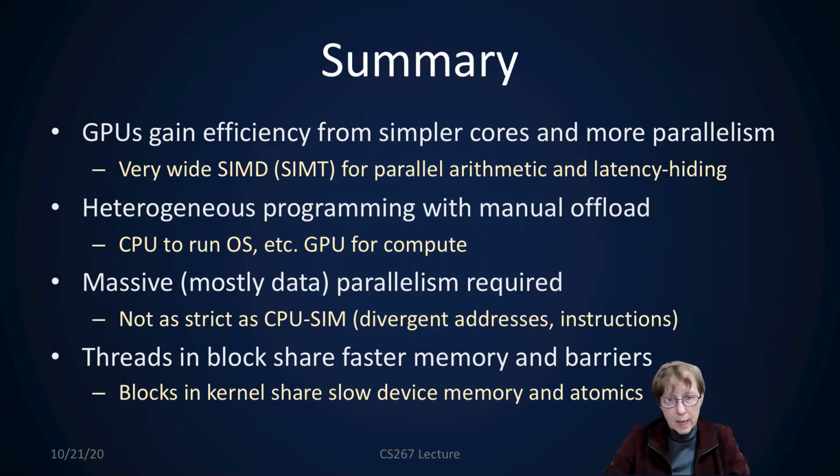Not quite as strict as the CPU SIMD, as I mentioned earlier, but still in that same spirit. And the threads in a block share this fast memory, which is the shared memory. They also have fast barrier operations, whereas blocks are going to share things through the device memory and using atomic operations. And that's the hierarchical parallel programming model on GPUs.